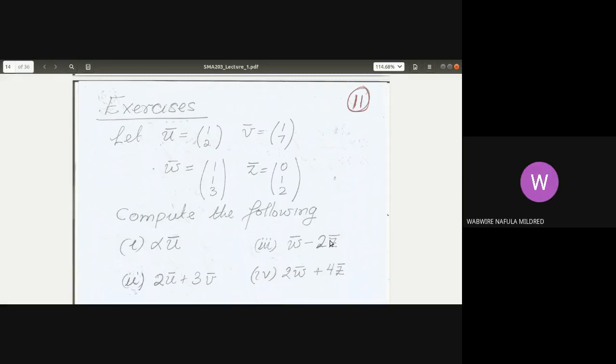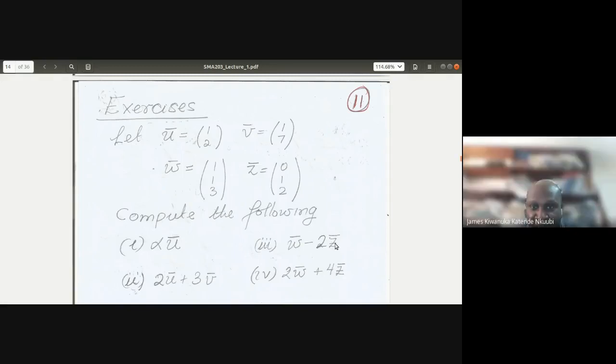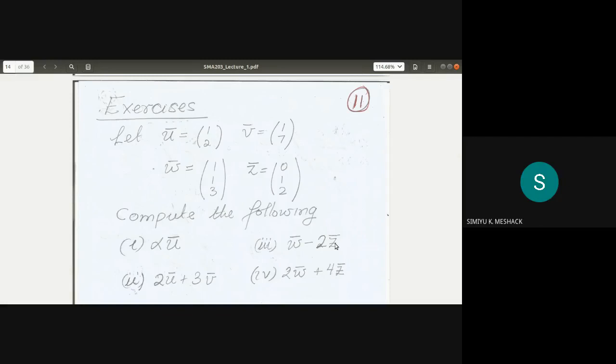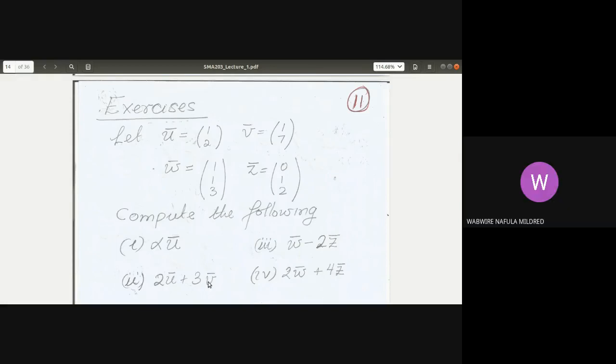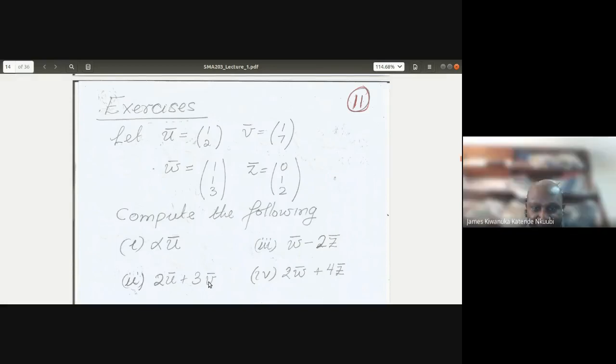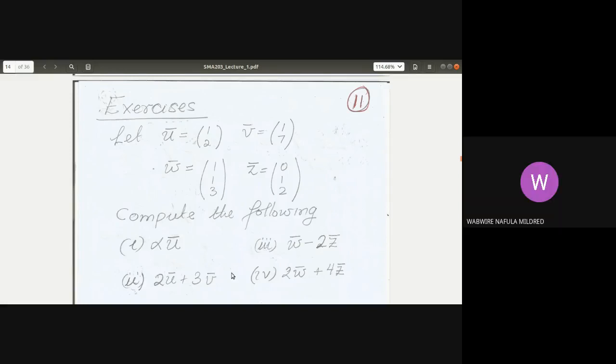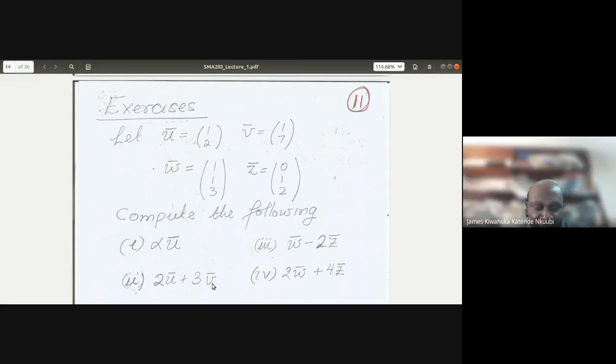The first component is 5. This one, 2 by u plus 3 by v. Yes. First component is 5. And the second component? 25. Good. So 5 as the first component and 25 as the second component. Yes. Does anyone else have a different answer?